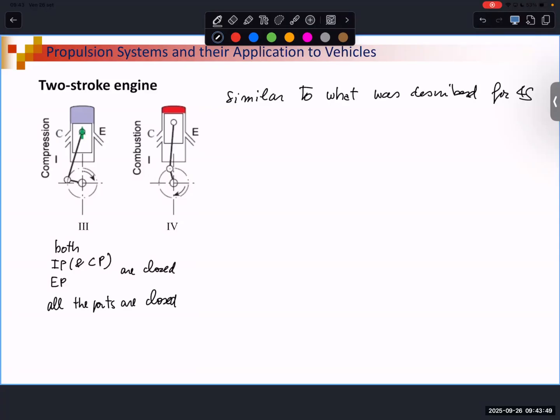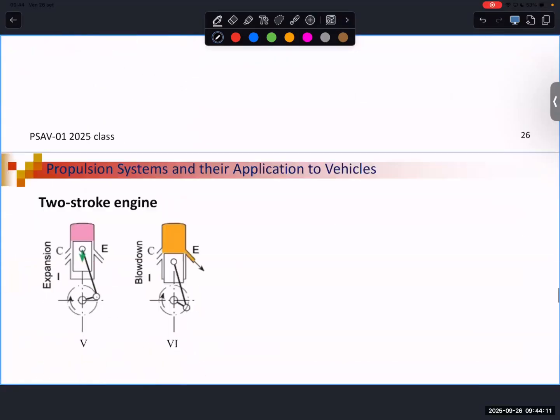Before reaching the top dead center, we can either ignite the charge or inject the fuel, according to spark ignition or compression ignition engine. So there is not much different with respect to what we were describing before. I think they don't need more explanation.